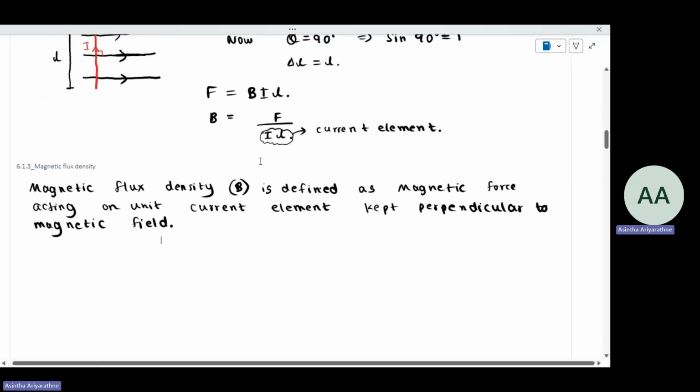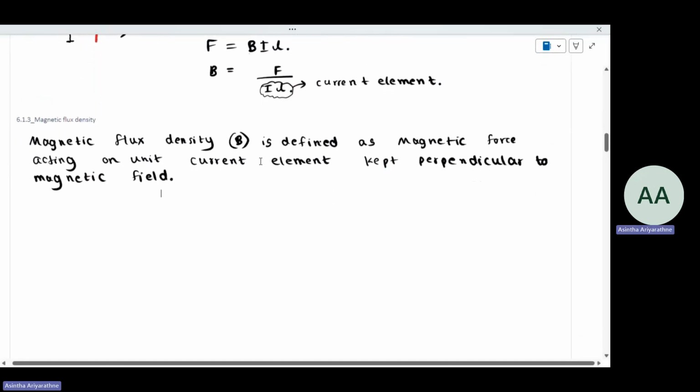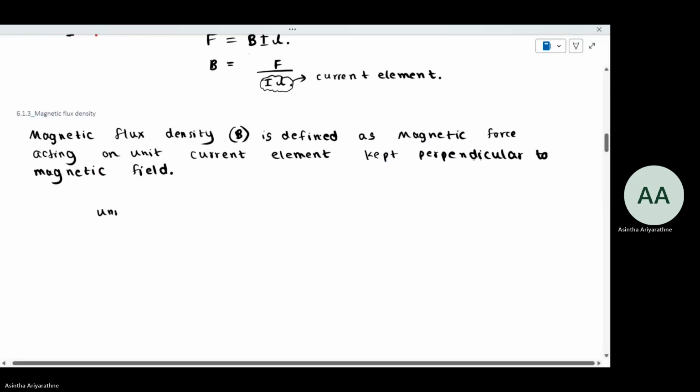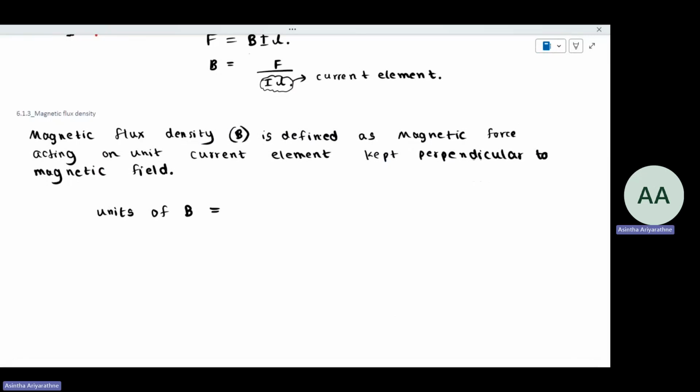So we can define the units of B. The unit of force is Newton, divided by current in ampere into meter.